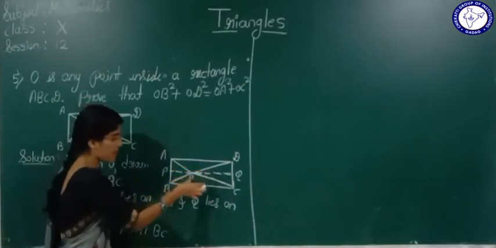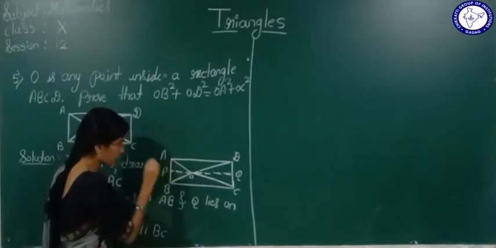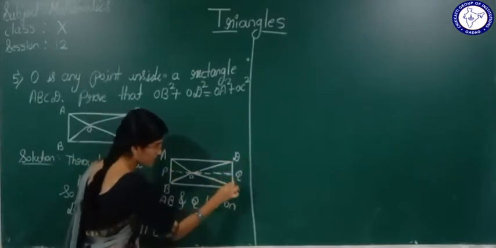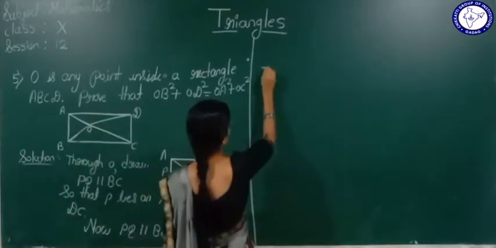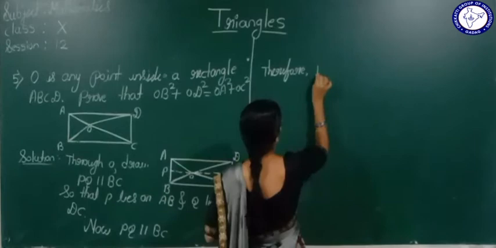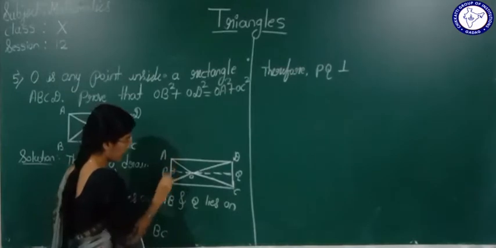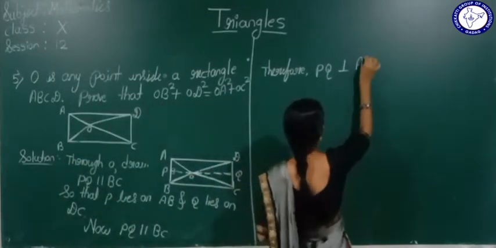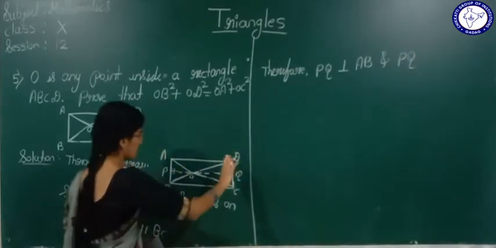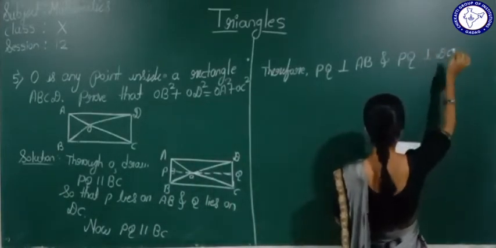If this PQ is parallel to BC, therefore we can write, this PQ is perpendicular to AB, and this PQ is perpendicular to DC also. Therefore PQ is perpendicular to AB and PQ is perpendicular to DC.